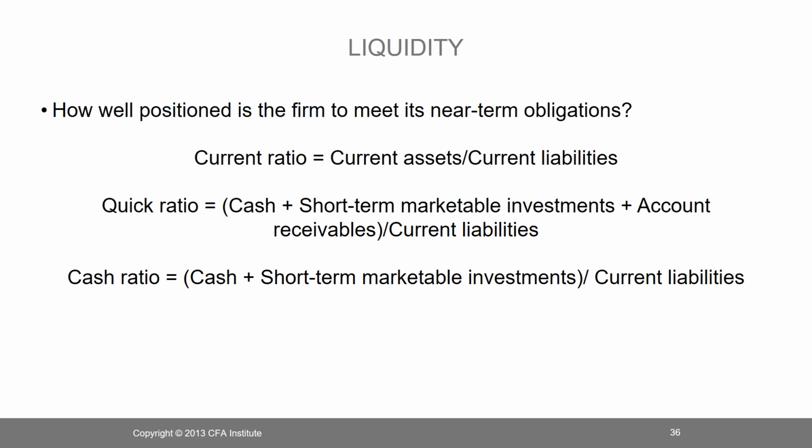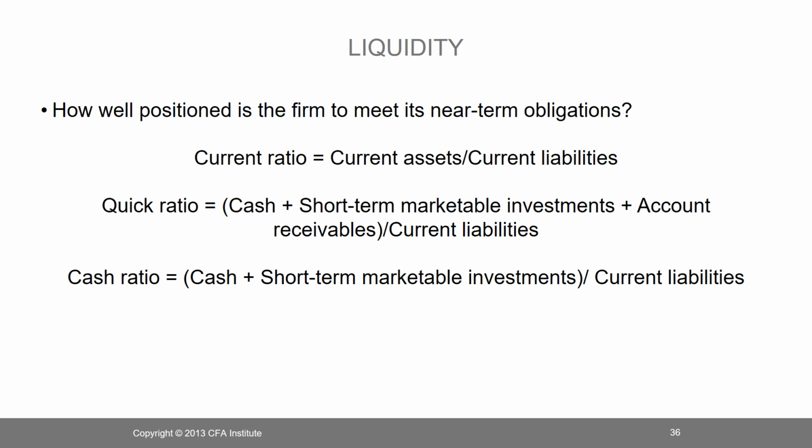Liquidity ratios reflect a company's position at a point in time and therefore typically use data from the ending balance sheet rather than averages. So the current, quick, and cash ratios reflect three measures of a company's ability to pay current liabilities. Each uses a progressively stricter definition of liquid assets, and we're going to see how each of those is calculated shortly.